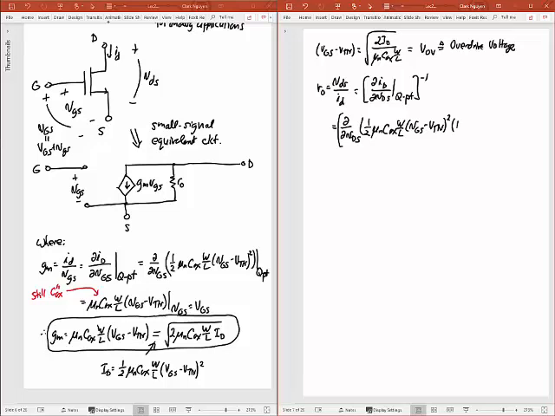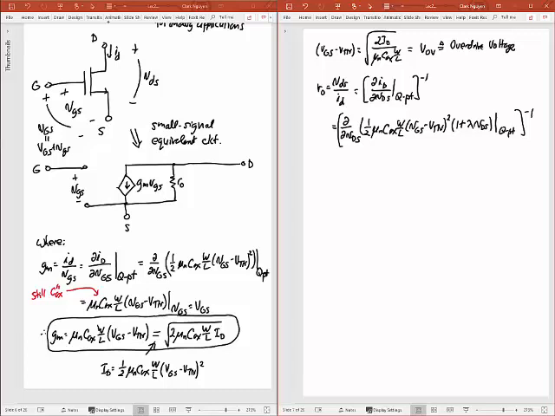But remember, I have this channel length modulation going on. So this is then going to be 1 plus lambda times the large signal VDS here. And all that I'm going to evaluate at the operating point, so that's the Q point here.